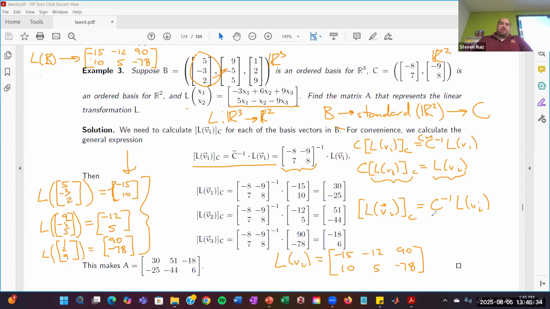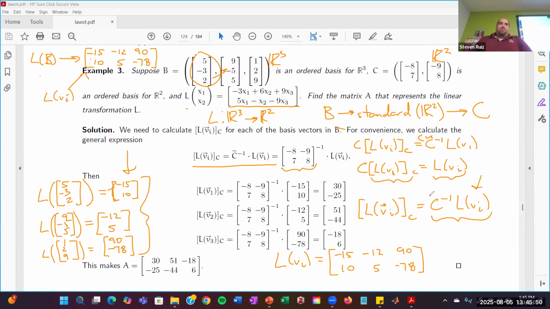So that's why we're doing this calculation here. I know what LVI is now. LVI is this. That's the result of the transformation when converted to the standard basis.